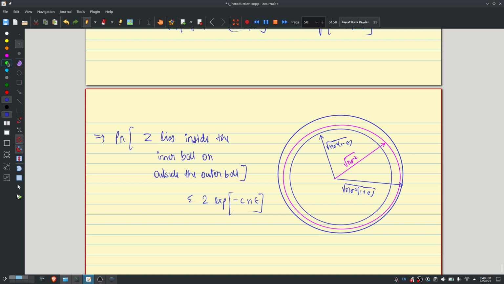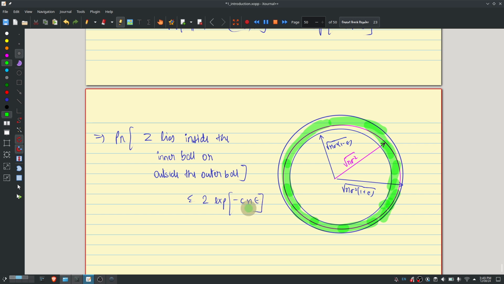So what this says is that much of the probability is in fact contained in this thin shell of thickness epsilon. In fact, you can make the epsilon dependent on n. Right?